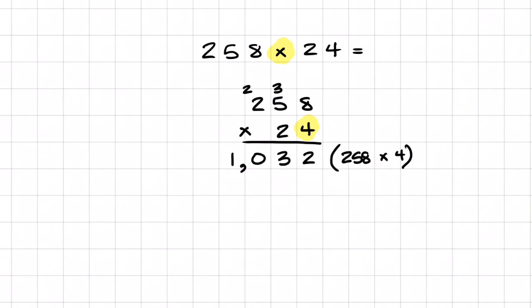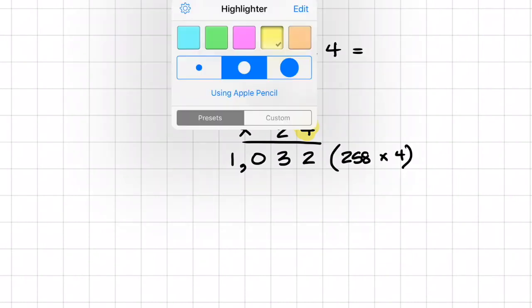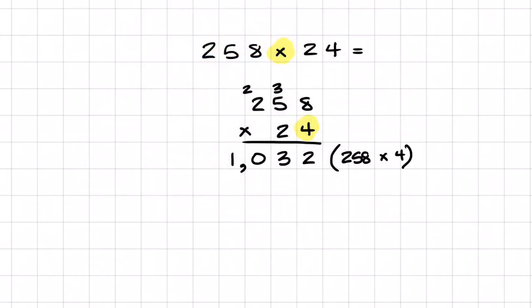The second step is we are going to now multiply 258 times 20. So let's get another color here. Since this 2 is in the 10s spot, it represents 20. Now to keep that number as a tens, we are going to come down here, and this is the most crucial step of the process: we are going to put a 0 here as a placeholder 0.